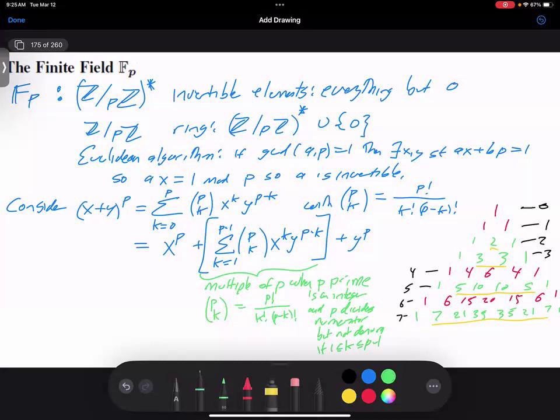So we get, if p is prime, then x plus y to the p is x to the p plus y to the p.